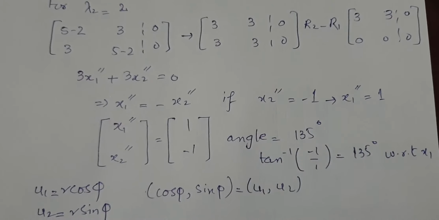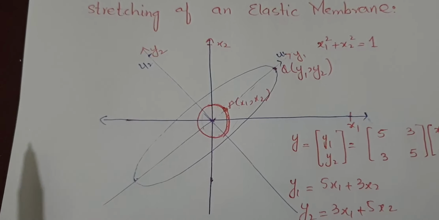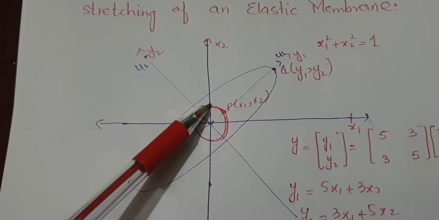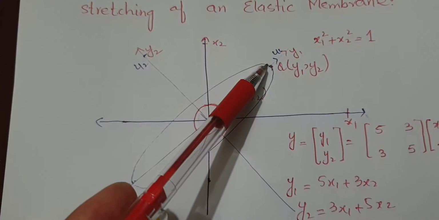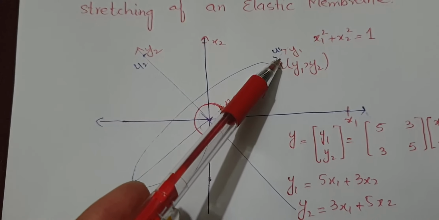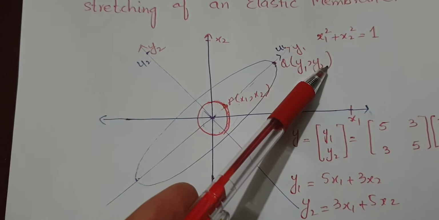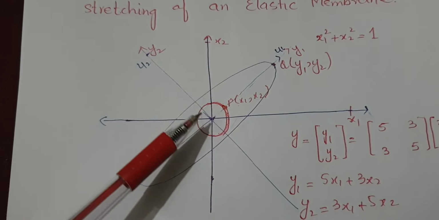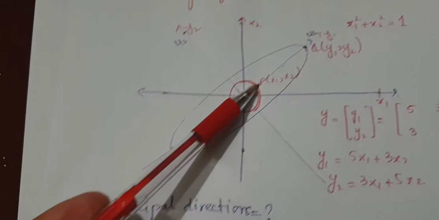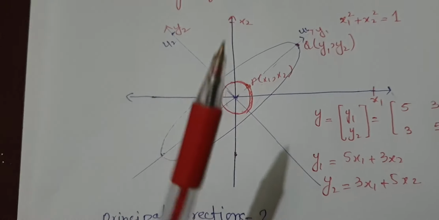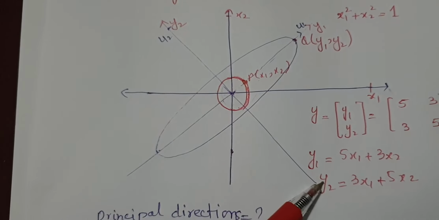So let's consider again our original shape. In the given original figure, we had a unit circle. It had some point which was stretched such that it reached another point Q having the coordinates y1 comma y2. So the principal direction gives one axis at 45 degrees and another axis at 135 degrees.